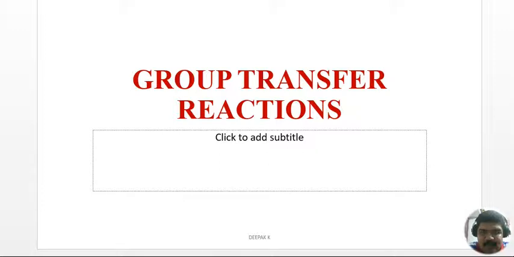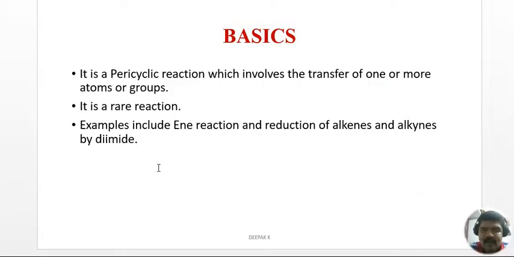In this class, we are going to discuss a particular type of reaction known as group transfer reactions, one of the simplest reactions encountered in organic pericyclic chemistry. It's group transfer reactions. Looking at the basics, it is a pericyclic reaction which involves the transfer of one or more atoms or groups.